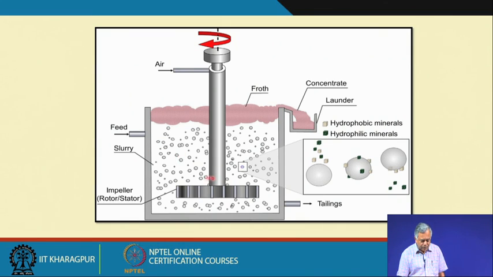These bubbles, because of the pressure difference and buoyancy, will try to go up, retaining their bubble shape and structure. When these bubbles go up, the hydrophobic particles get adhered to the surfaces of the bubbles, and the bubbles start getting concentrated on the top layer.